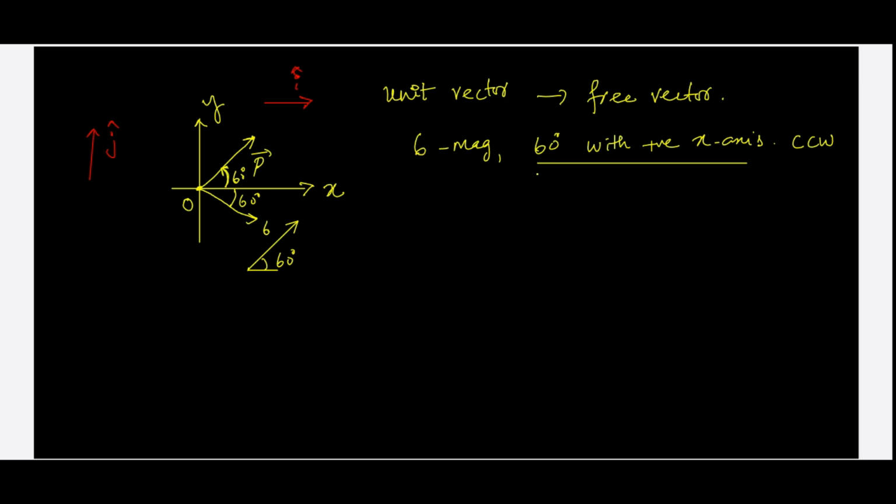Right? Now it is completely defined. You need to mention the direction in which you are measuring: 60 degrees with positive x-axis measured counterclockwise. So with respect to positive x-axis, meaning you are measuring starting from the positive x-axis and going towards the vector P, then it is counterclockwise. So that is how you completely define a vector. Okay.